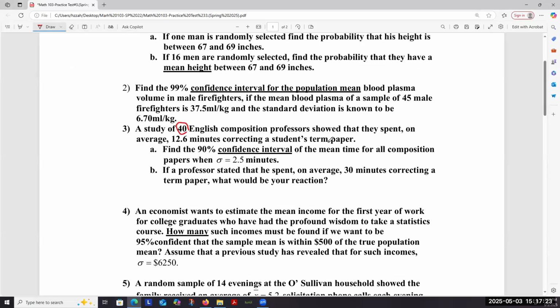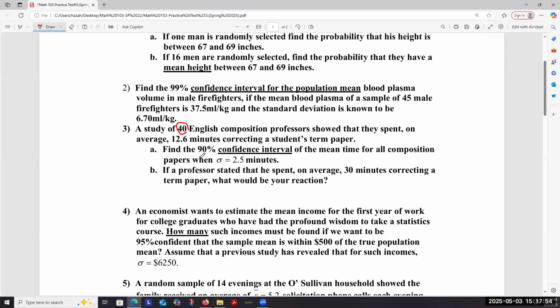So we check to see how long it takes them to grade your papers. The 40 professors show that they spent on average 12.6 minutes correcting students' papers. Okay, so that's the mean average of time that they spent. So n is equal to 40, and then x bar is 12.6.